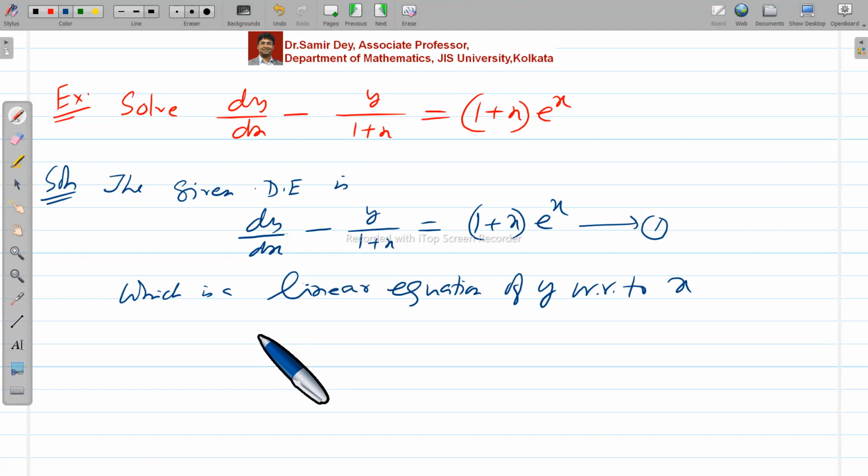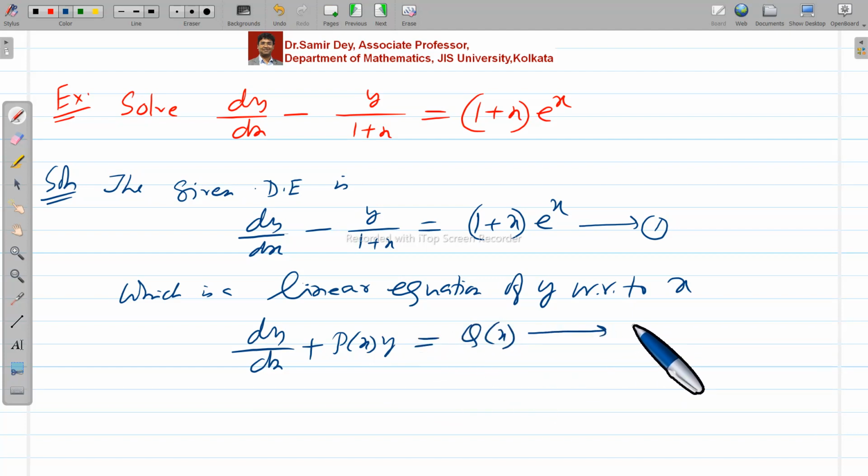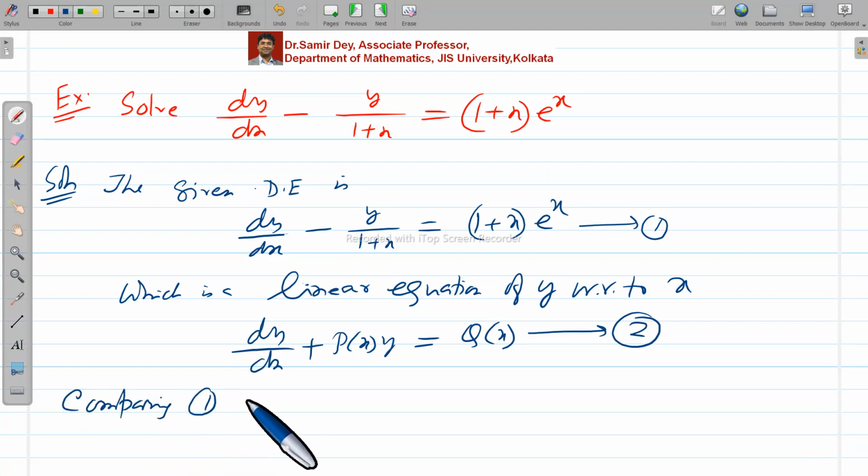Now you write down the general form: dy dx plus Px y is equal to Qx. Now write down equation number 2. Now write down comparing 1 and 2, we get. Now anyone please tell me what is your Px?